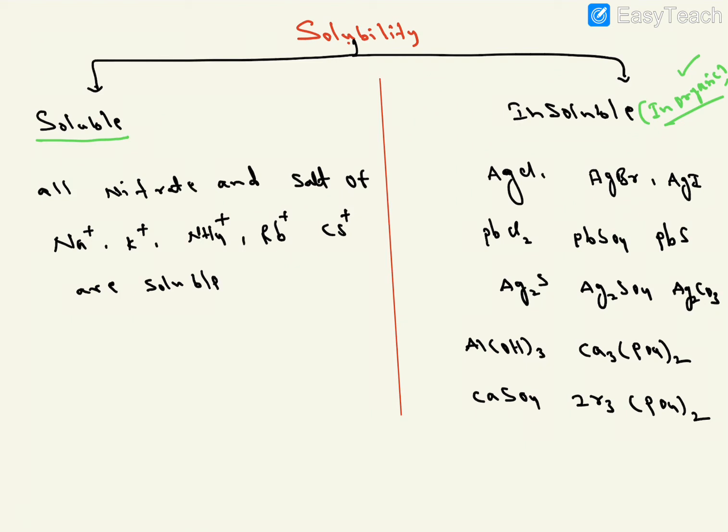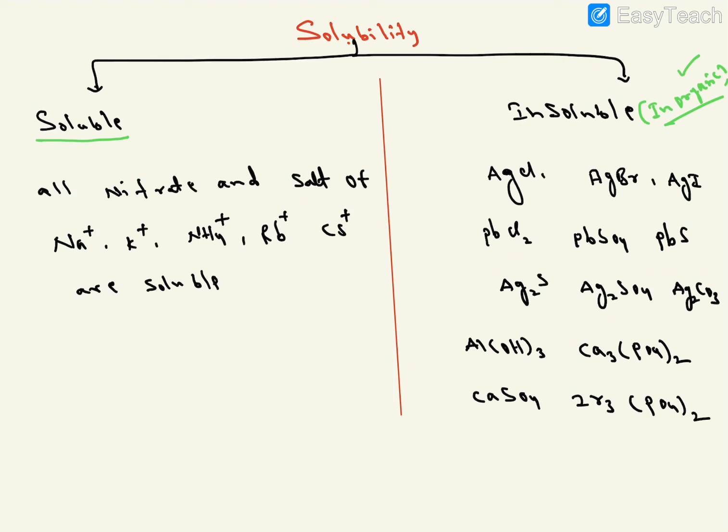And insoluble ones are AgCl, AgBr, AgI, lead chloride, lead sulfate, lead sulfide, silver sulfide, silver sulfate, silver carbonate, aluminum hydroxide, calcium phosphate, calcium sulfate and zirconium phosphate. So these are the insoluble salts.